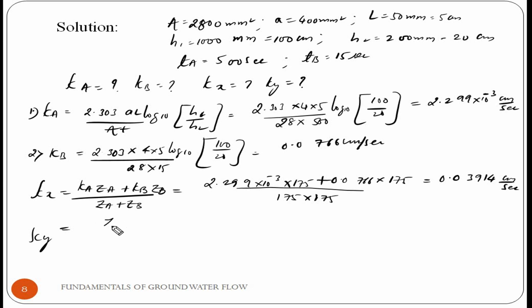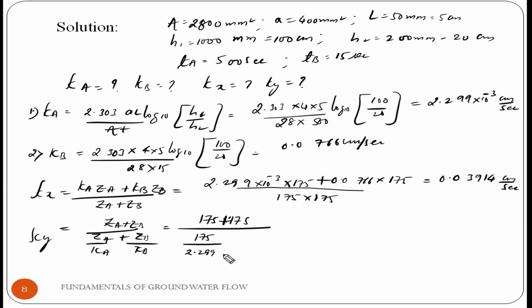So similarly we have to calculate the coefficient of permeability perpendicular to the bedding plane. The formula will be Z divided by the sum of Z1 divided by K. So as per sample A, ZA divided by KA plus ZB divided by KB, with numerator 175 plus 175, divided by 175 divided by 2.299 into 10 to the power of minus 3 plus 175 divided by 0.0766.